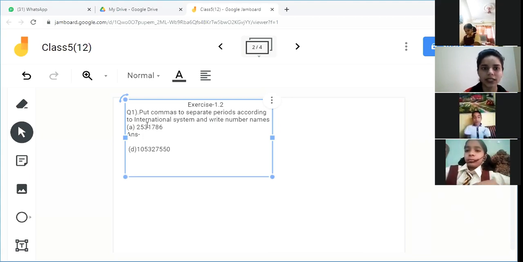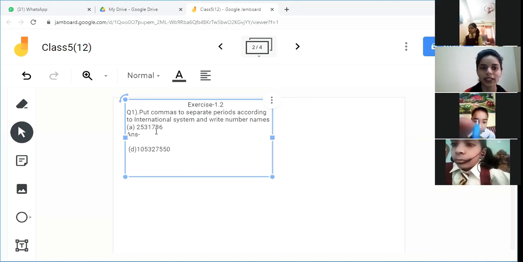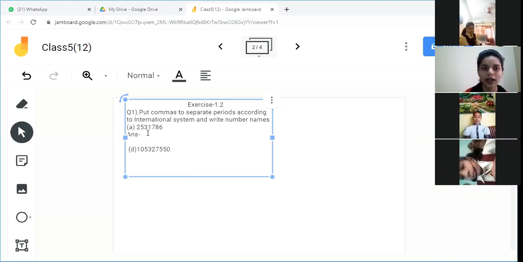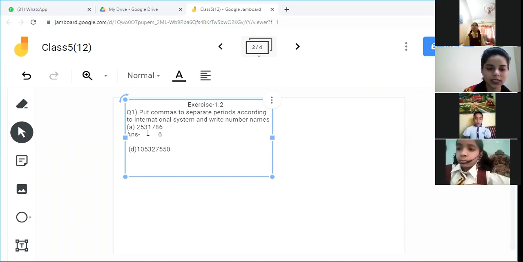Then thousands, 10,000, 100,000, these 3 come in the thousands place, so that's why we are putting a comma before 3. So before every 3 digits we are putting a comma. So before 6, 8, 7 we will put a comma.